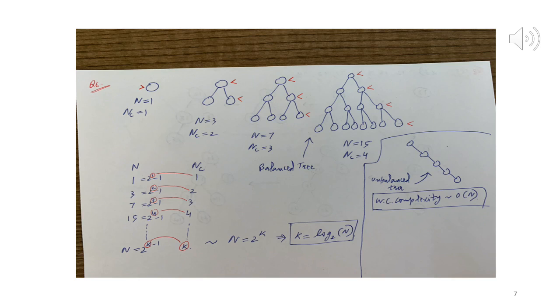So if we're simply saying n is 2 raised to k, the minus 1 can be ignored for large values, and k is log n. So roughly we can say the worst case complexity is of the order of log to the base 2 of n.